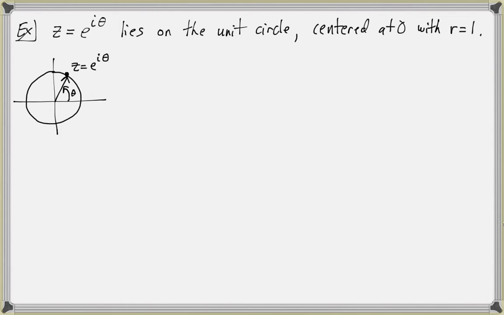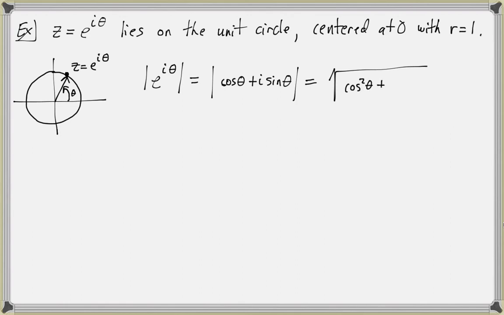So since e to the I theta lies on the unit circle, we see that the absolute value of e to the I theta must be 1. And we could also write this in rectangular coordinates: cosine of theta plus I sine of theta, to also show, just by using the definition of absolute value of a complex number, we have that this equals the square root of cosine squared plus sine squared of theta.